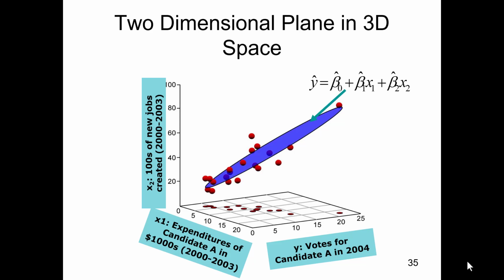Beta naught is simply the intercept, and we have the slope for beta 1 and the slope for beta 2.